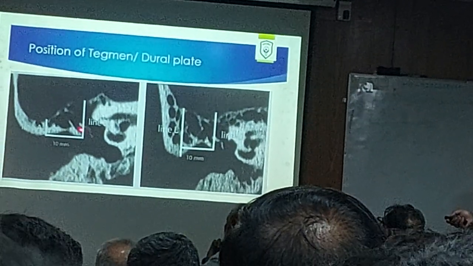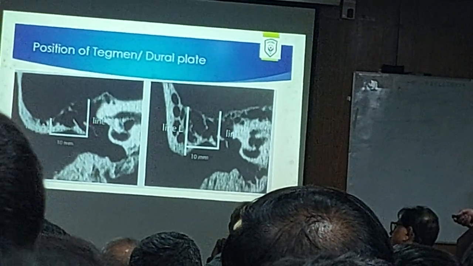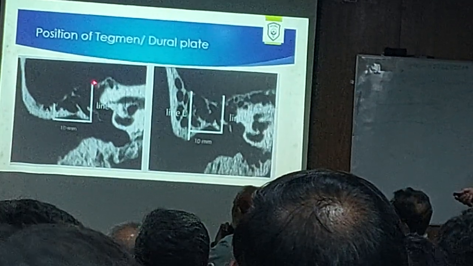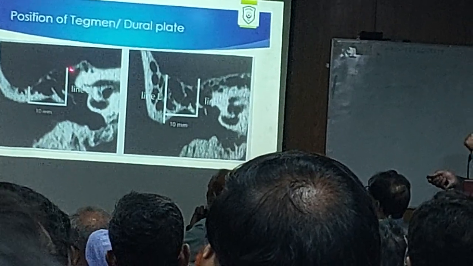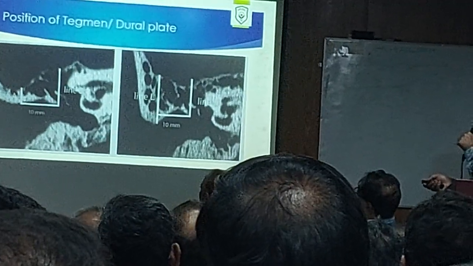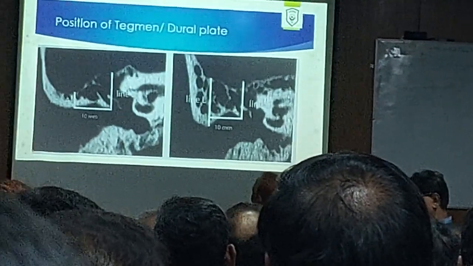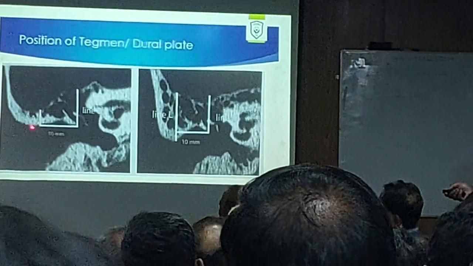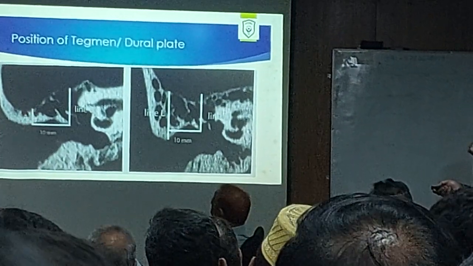From the scutum tip and along the head of the malleus, there is a vertical line up to the dura. Again, from the scutum tip, at another point 10 millimeters lateral, there is again a vertical line.